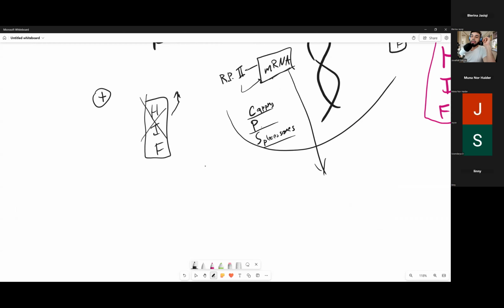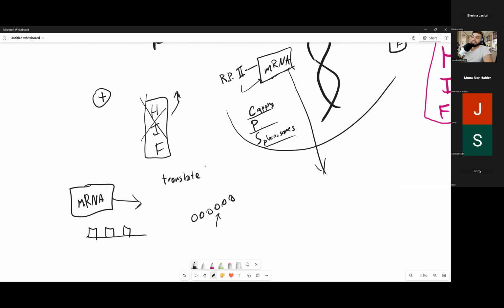Our mRNA specifically codes for one protein. When mRNA translates itself, it has to go from being a sequence of nucleotides like thymidine, adenosine, to becoming a sequence of amino acids, a long chain of amino acids.